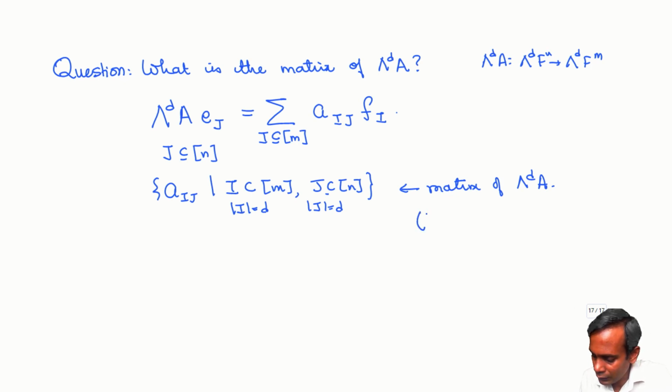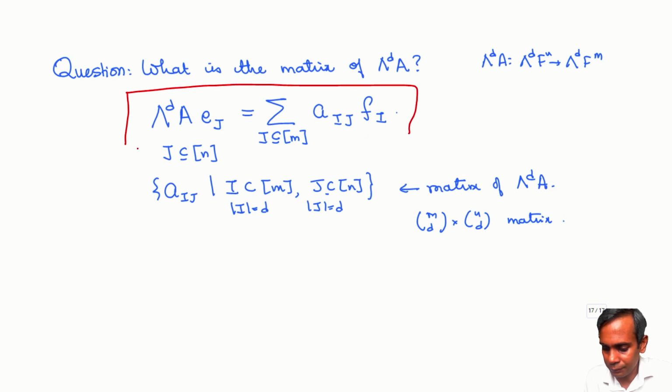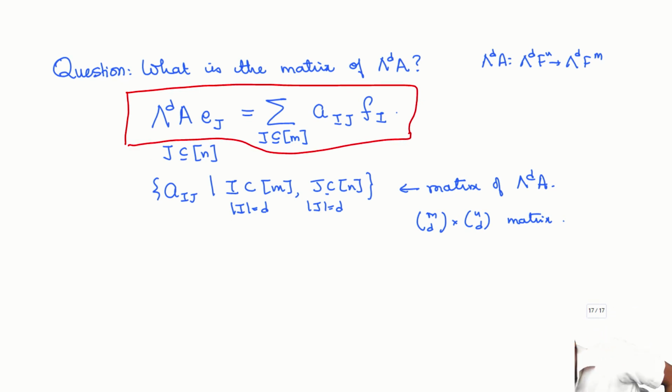But let's just think of it as a system of coefficients defined by this equation here, for every subset J of n.